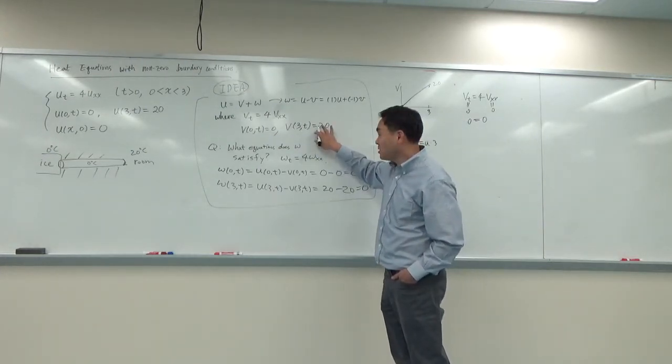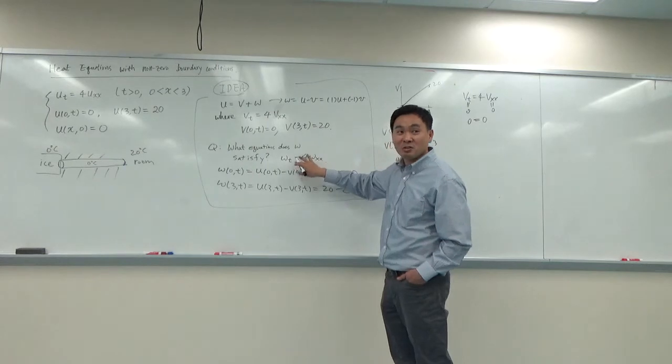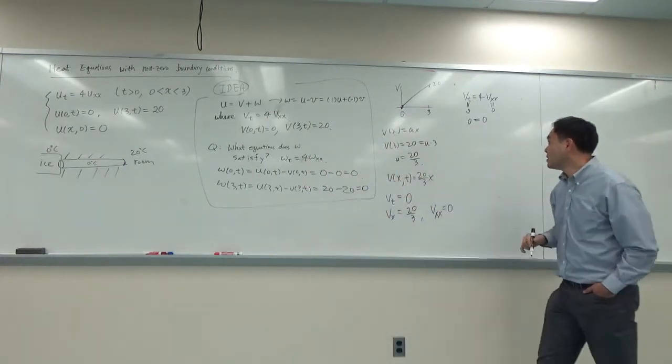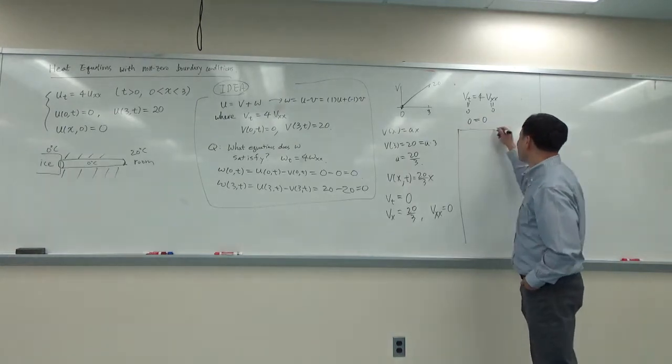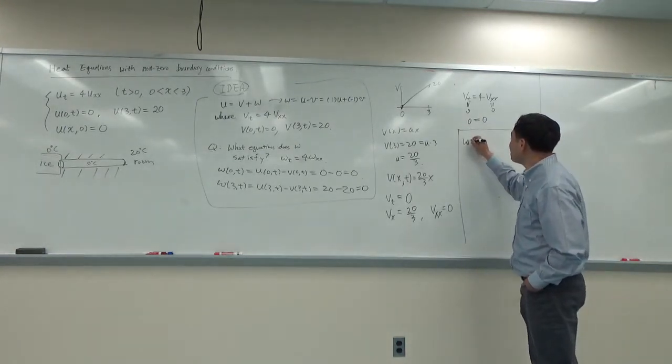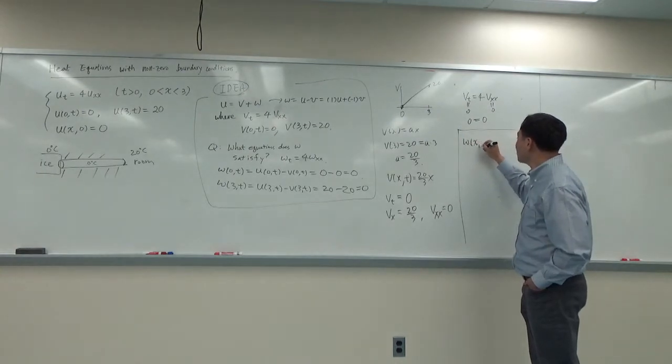We found a solution that satisfies the desired conditions. And therefore, we can now express W as that. However, there's one more thing. I forgot to talk about the initial condition of W. So tell me what W of x,0 must be.